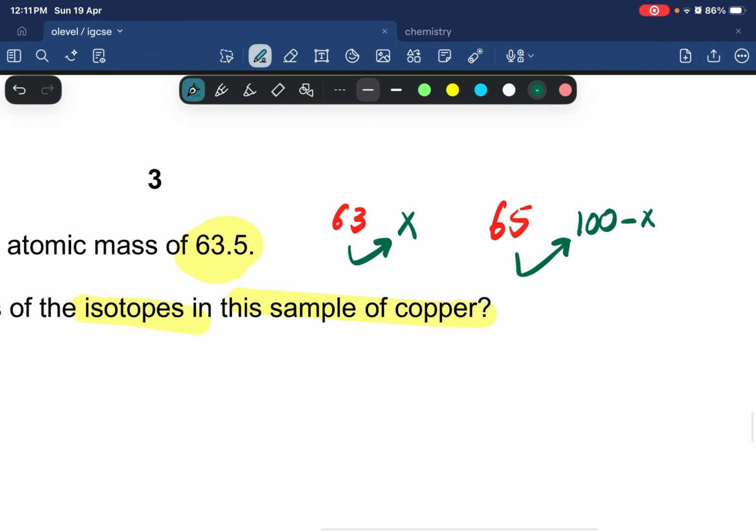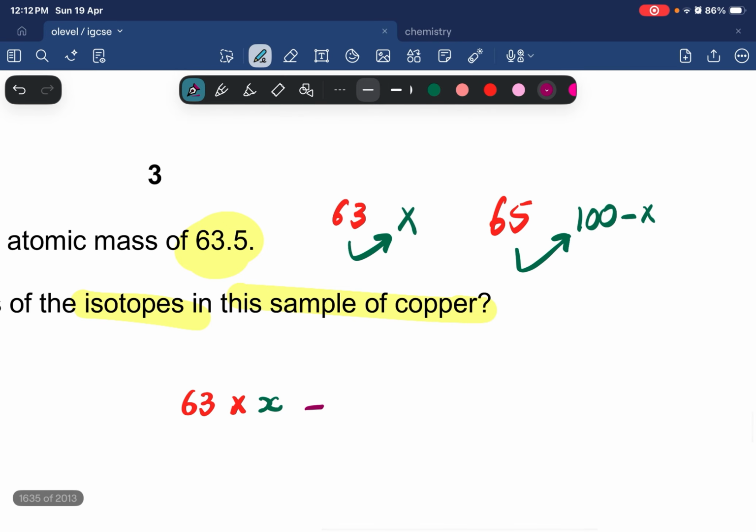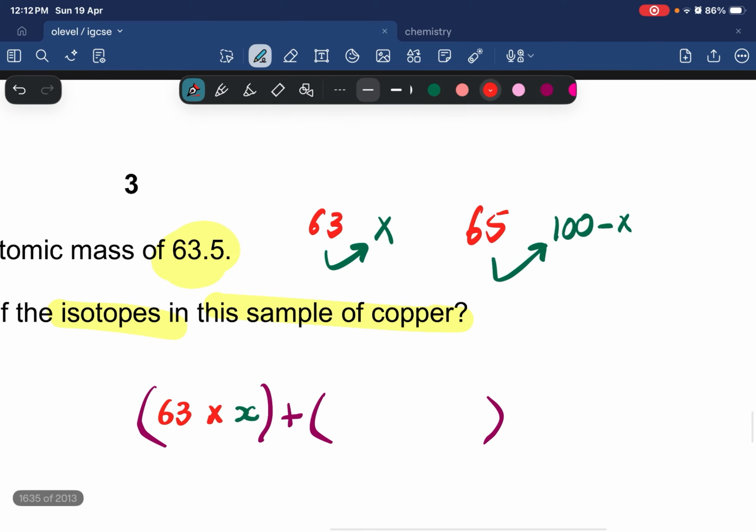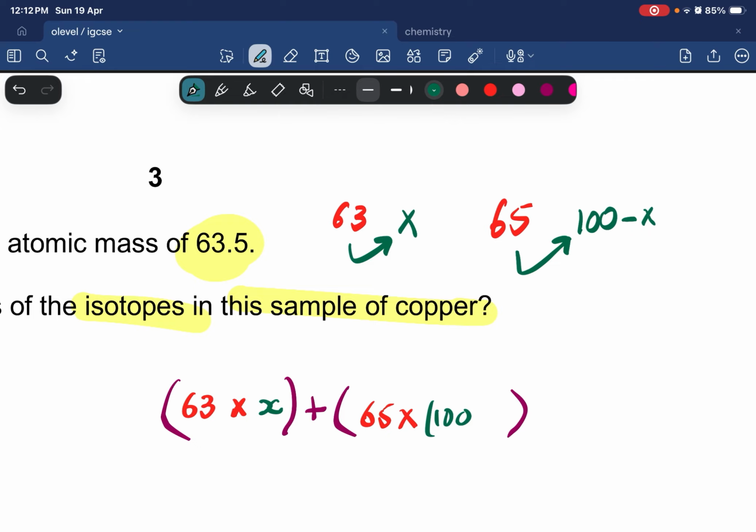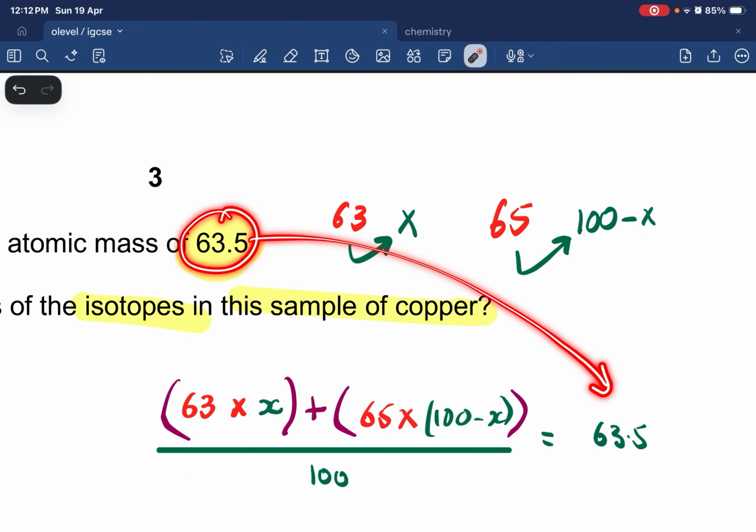So what do we do? We say 63 multiplied by X, plus 65 multiplied by 100 minus X. Now divided by the sum of abundances, which is going to be 100, equals 63.5, which is the relative atomic mass, okay?